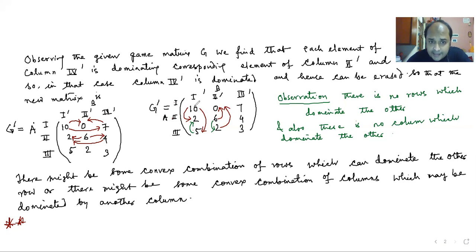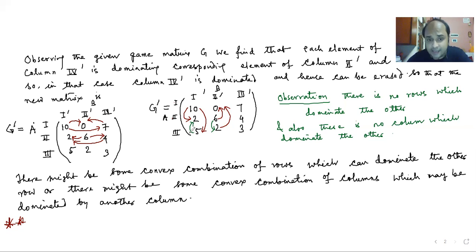If I take some multiple of 10 and 2 and add them together, it may dominate 5. So we must find that multiple. If I take the multiple of 0 and 6, it may dominate 2. So we have to get that multiple also. If we take the multiple of 7 and 4, it may dominate 3.